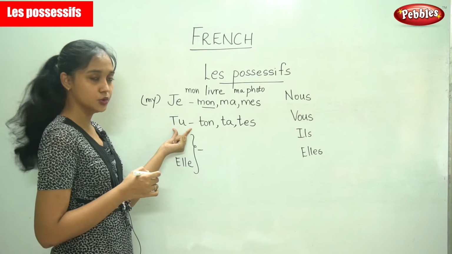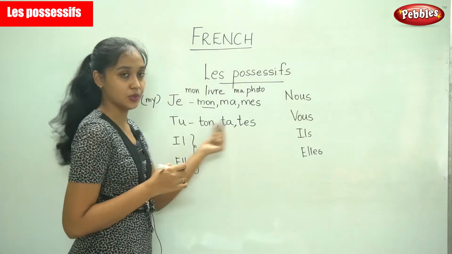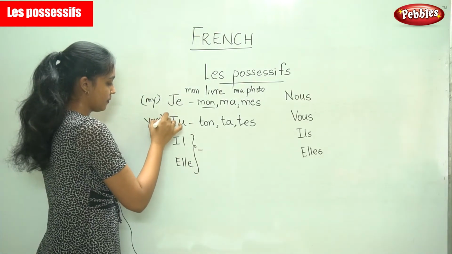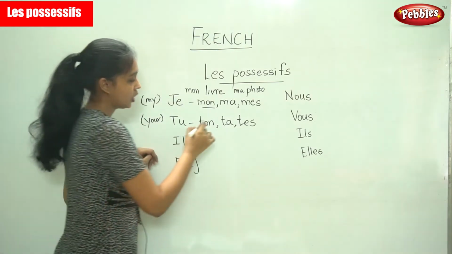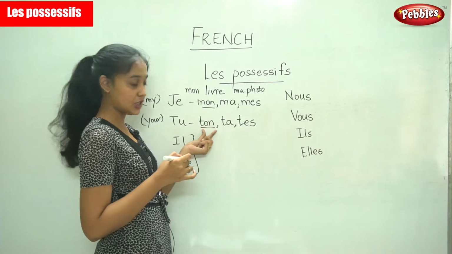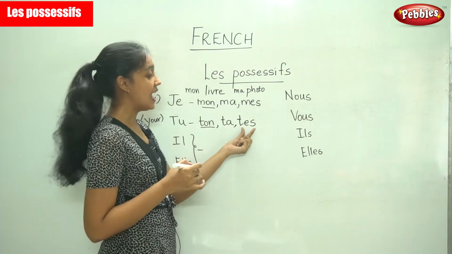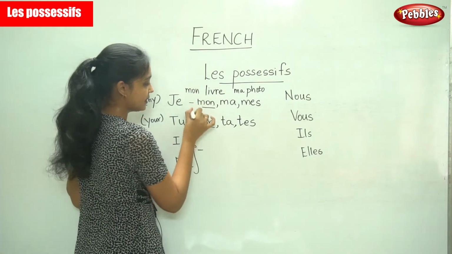Similarly, tu. Tu is you. So all these words mean your, that is belonging to you. Ton is for a noun that is masculine. Ta is for a noun that is feminine. And te is for a noun that is plural. We take similar examples.